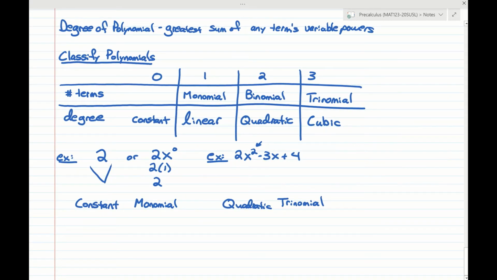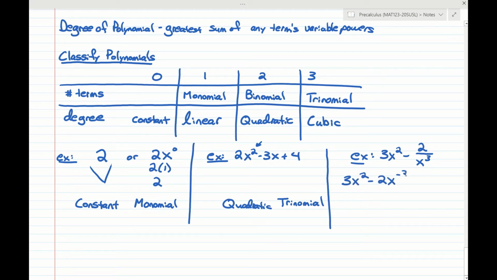Okay. How about something like this? What if we had 3x to the second minus 2 over x to the 3? All right. Well, really, this is just 3x to the second minus 2x to the negative 3.